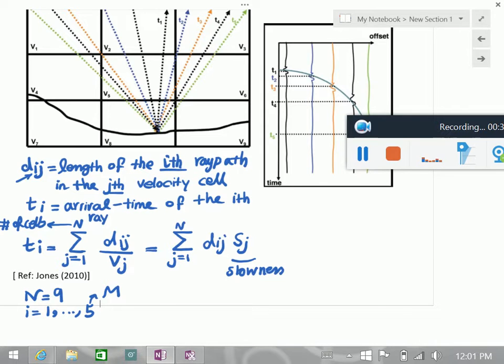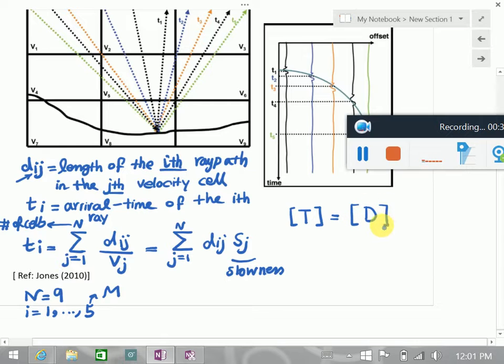We can write it like a matrix: vector T is equal to D times S. Time vector, ray path segment matrix, times a slowness vector, right? So what would be the size of each one?